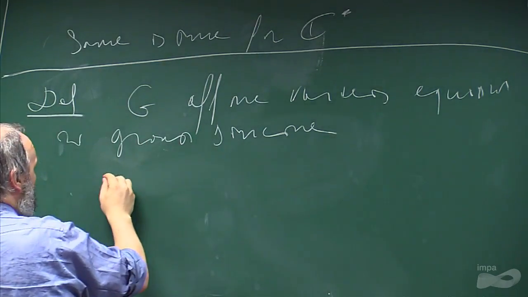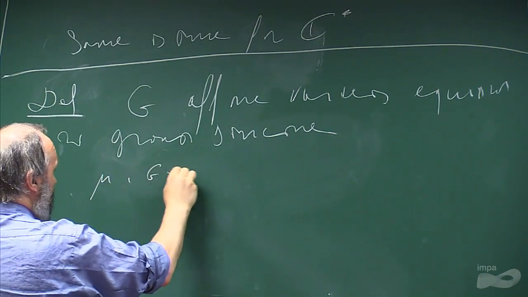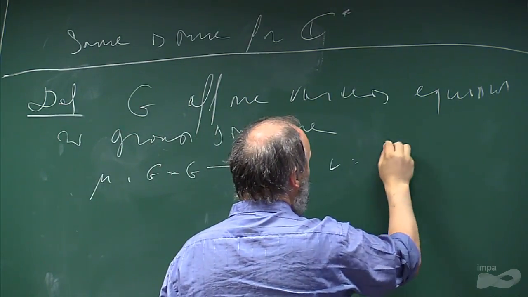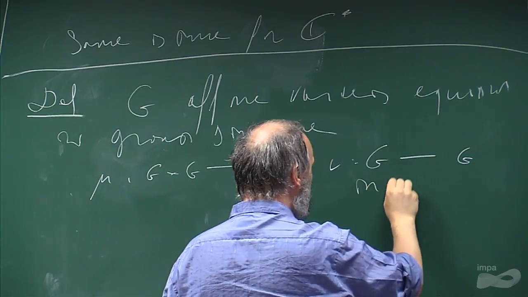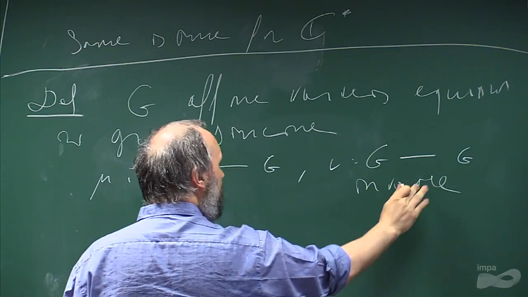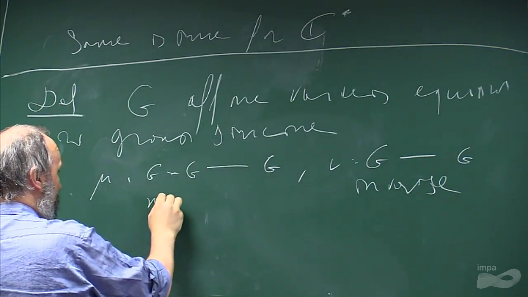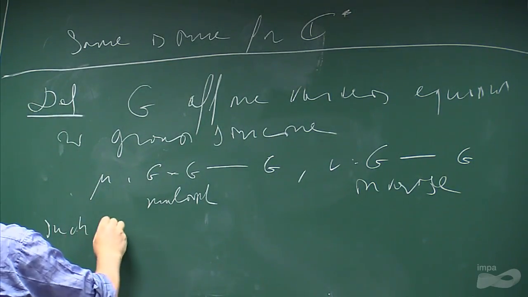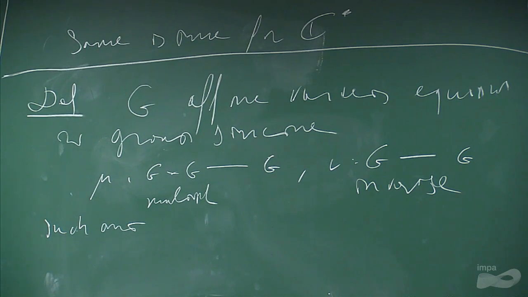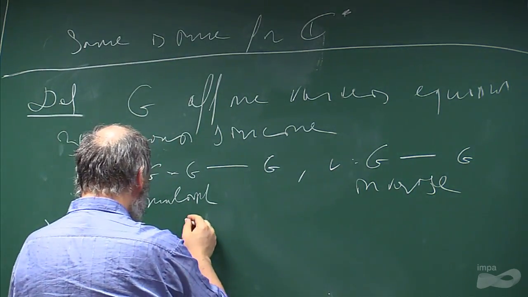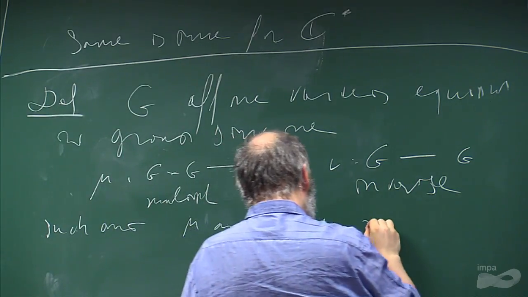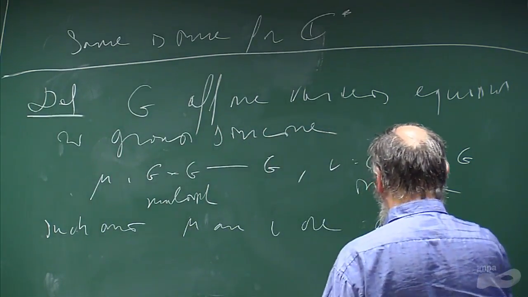Group structure is a map mu from G times G to G, the multiplication, and iota from G to G, the inverse, such that mu and iota are morphisms of algebraic varieties.